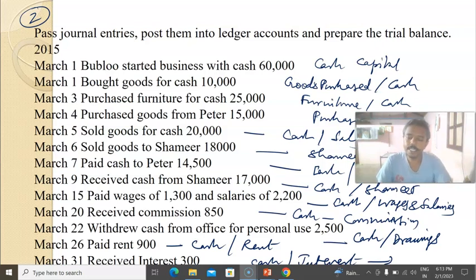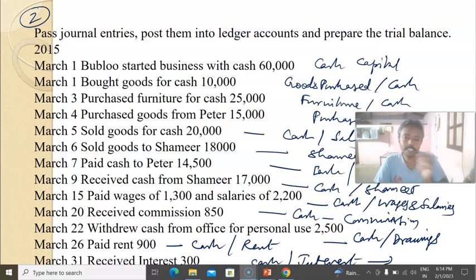Next, journal entry 3. On March 3rd, purchased furniture for cash rupees 25,000. So here furniture purchased account debited to cash account. As in the previous transaction, it's the same, but there it was goods purchased, and here it is asset furniture purchased.